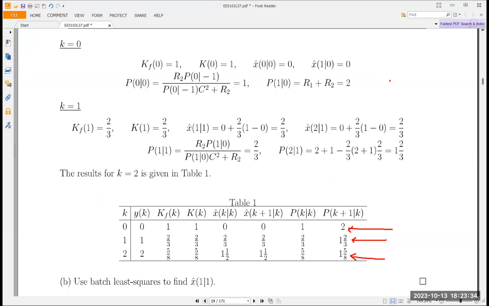Then you can tell yourself, I know how to use this Kalman filter to compute numbers. So at least you have achieved that. You will get the correct numbers presented in this table.